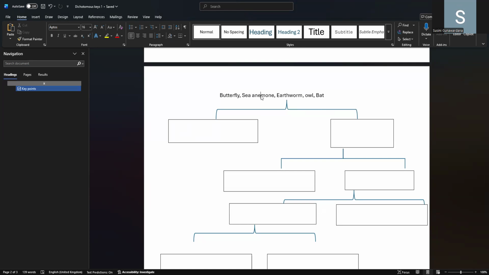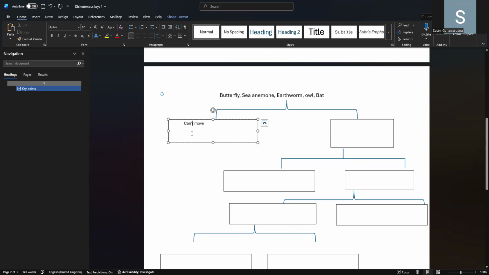They are fixed onto a substrate and stay in one place. So I will pick that characteristic: can't move.